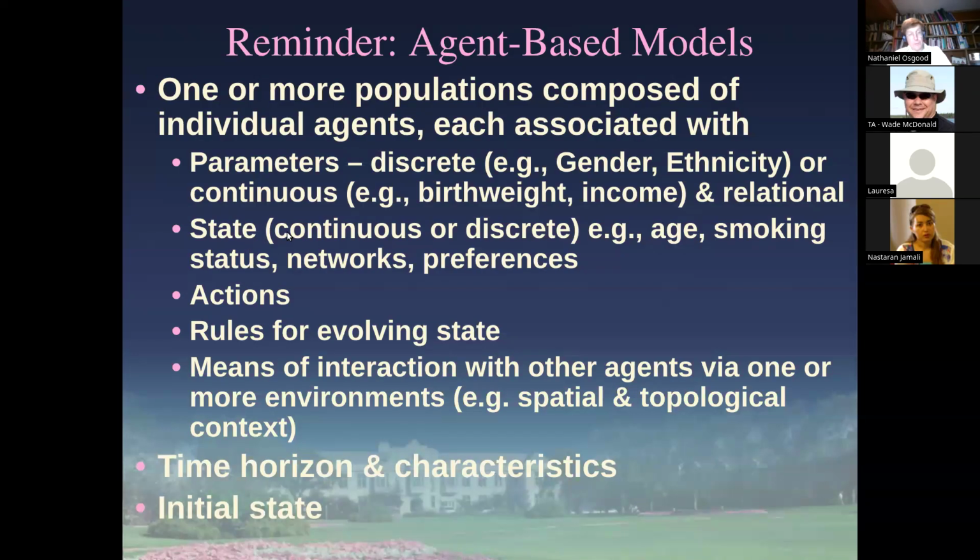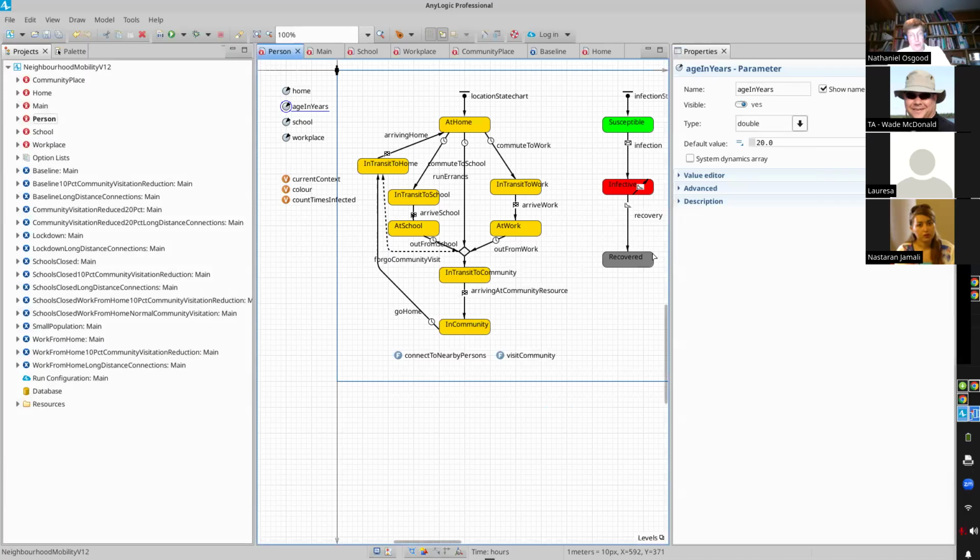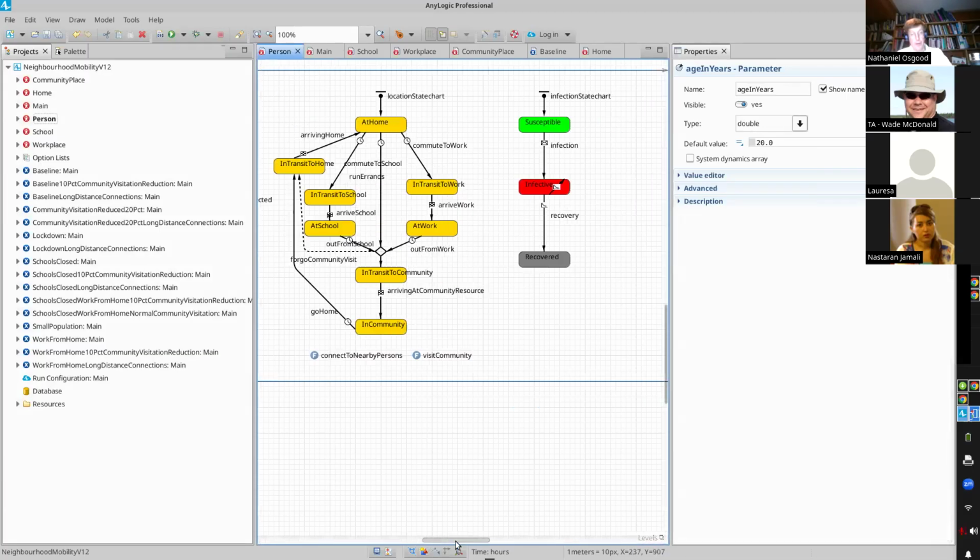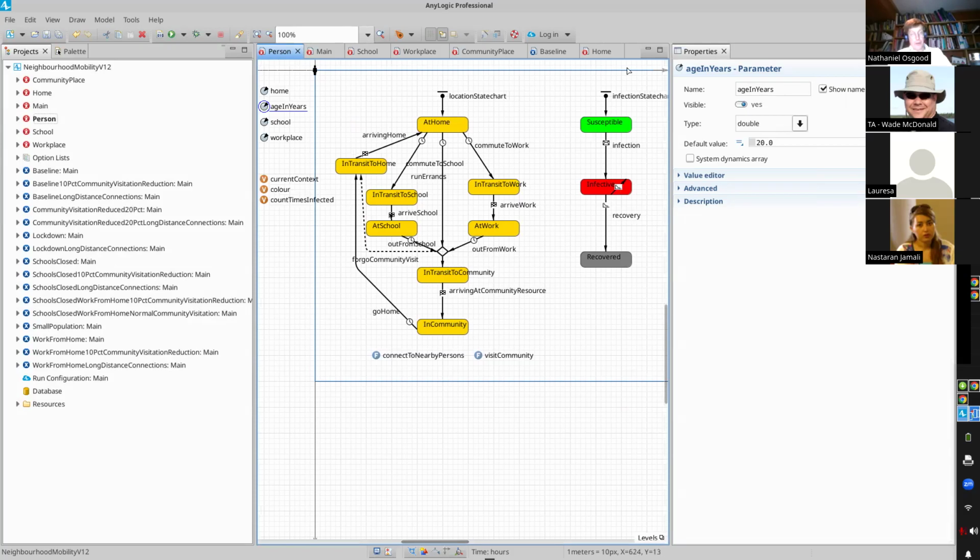They have state. Where's their state? Well, for this concern, namely infection, it's collectively captured. Possible states are captured here. For this concern, their location is captured here. And per Roselle's question earlier, there's a mathematics associated with this.